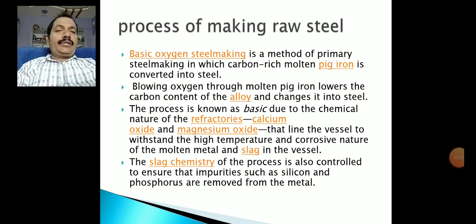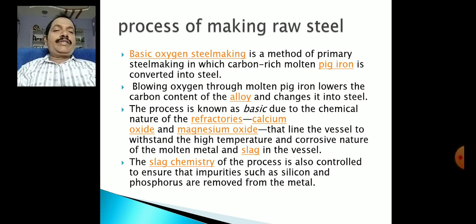Blowing oxygen through molten pig iron lowers the carbon content of the alloy and changes it into steel. That means minimizing the carbon content in the pig iron, then it will give us steel.